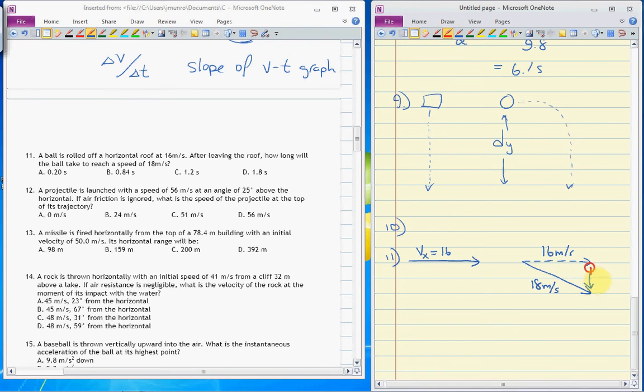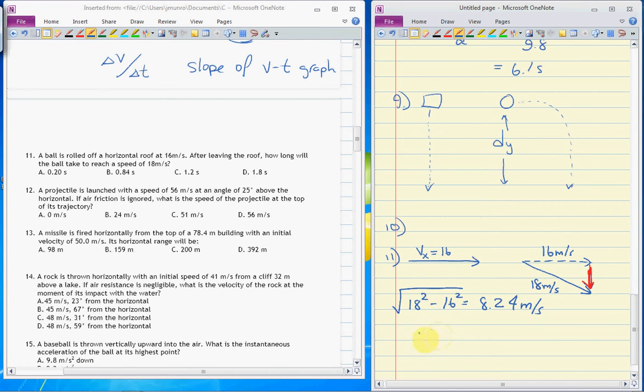What is the change due to acceleration in the downward direction? For that, we need to consider the y component only. Pythagoras' theorem gives us that 18 squared minus 16 squared, when we square root it, will leave us with the component that we want, 8.24 meters per second.